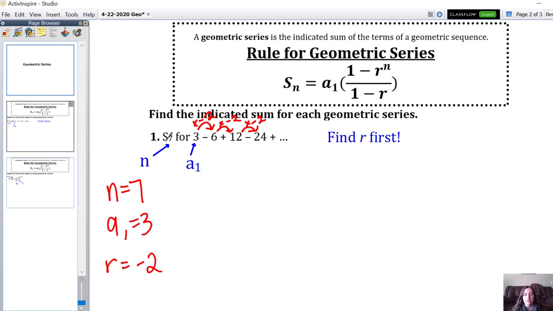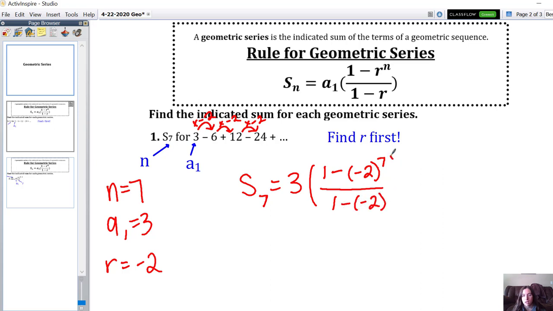Now to figure out S sub n, we can use our formula, where n is 7. So we have S sub 7 equals our first term, 3, times that ratio, 1 minus, and we need negative 2 to the power of n, which in this case is 7, over 1 minus negative 2.